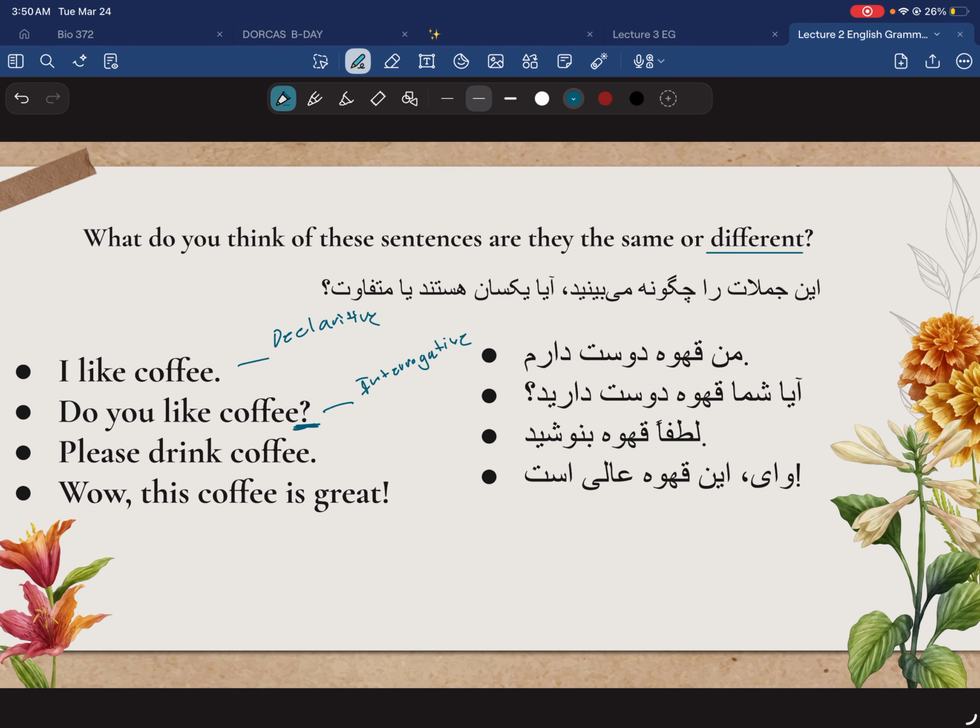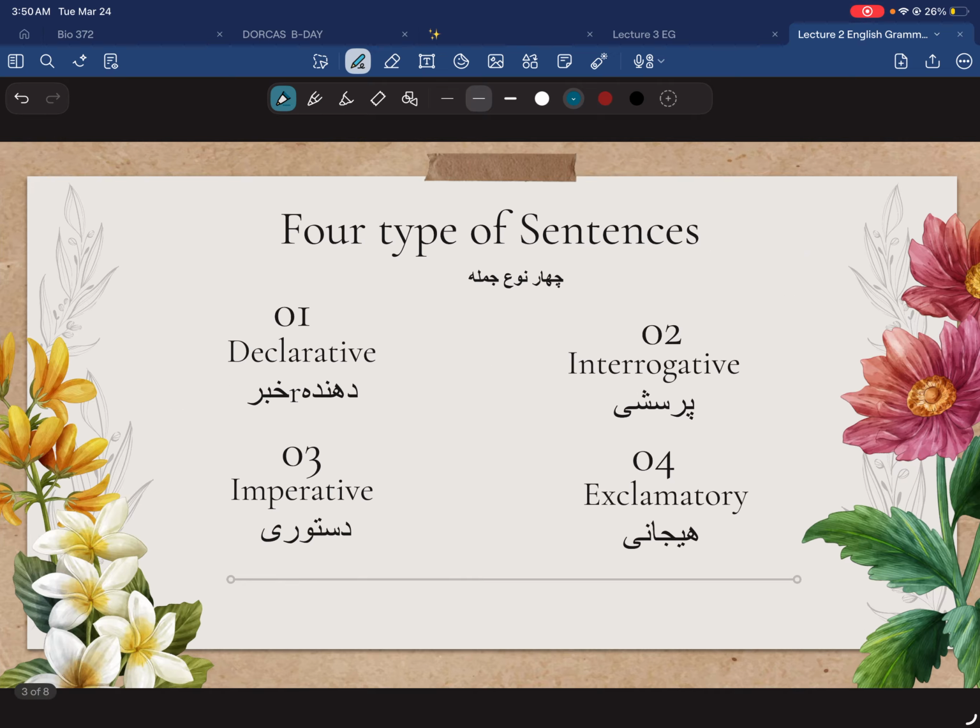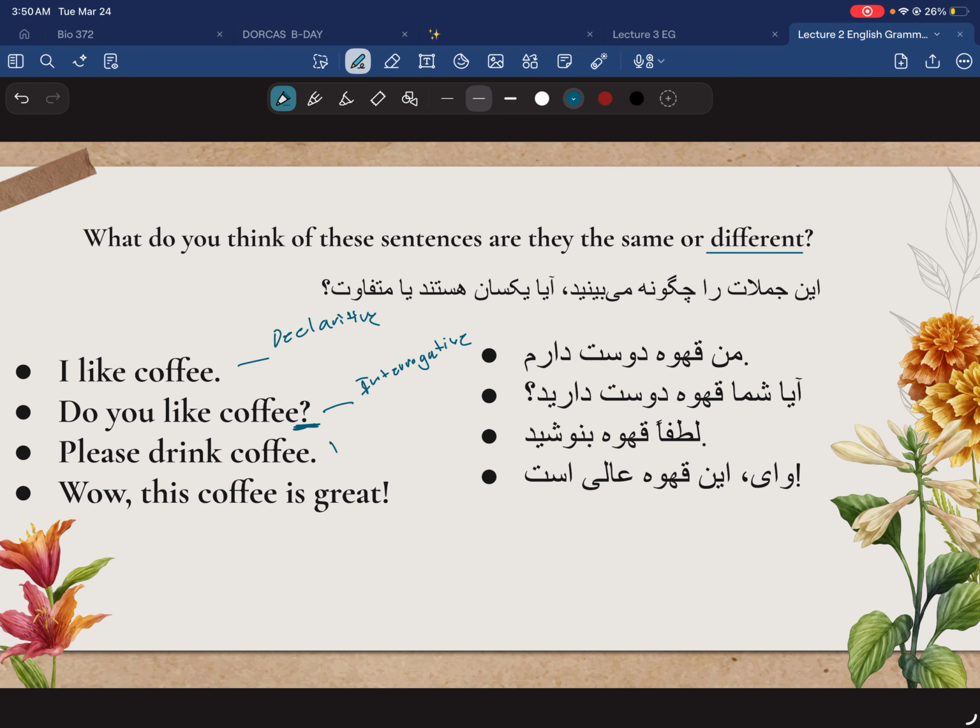The next one is, please drink coffee. It's very polite, but it's still a request. So this is imperative. And for the last one, we have, wow, this coffee is great, exclamation mark. Expressing strong emotion. This person really likes coffee. They said, wow, this coffee is great.